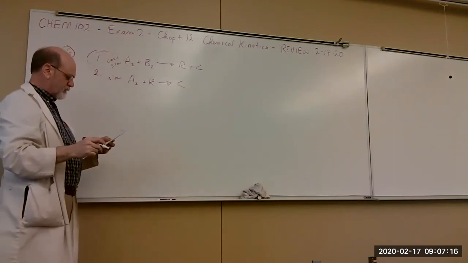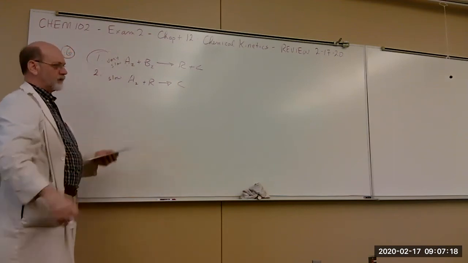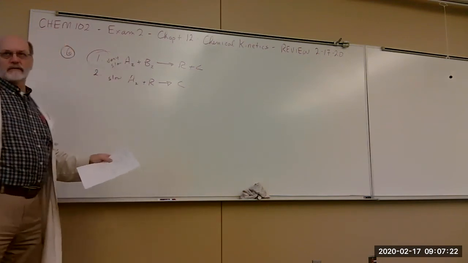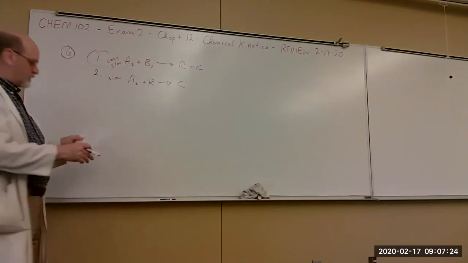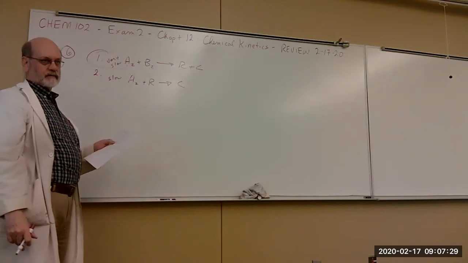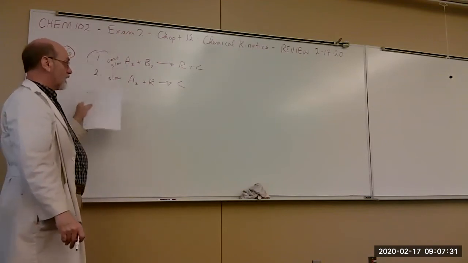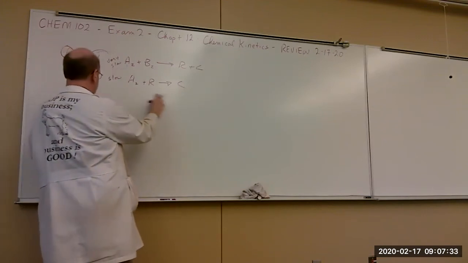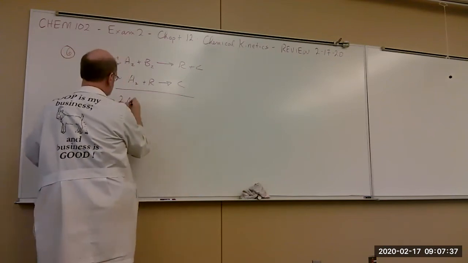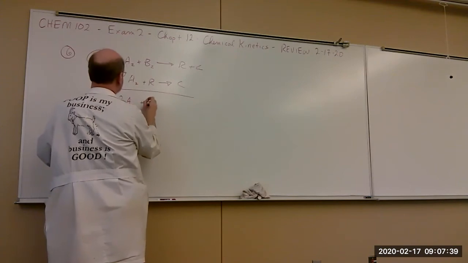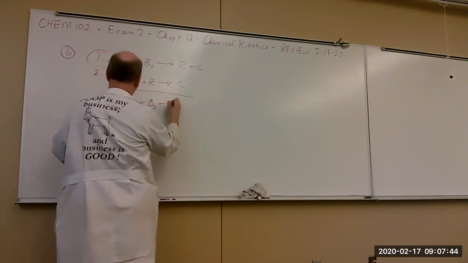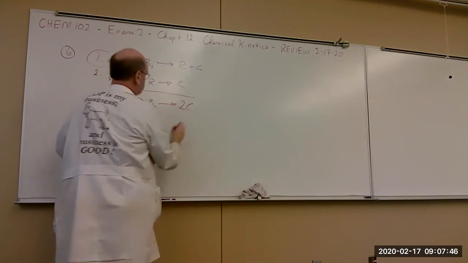But D says a step that is intermediate to step 1 and 2. Well, if it's intermediate, why didn't we put it up there? There's no way to answer it in terms of D, because we didn't put a choice up there. We just put these 2 mechanisms. Plus, if you add those 2 mechanisms together, you get the overall reaction. Right? You get the 2 like this. This equals 2C.